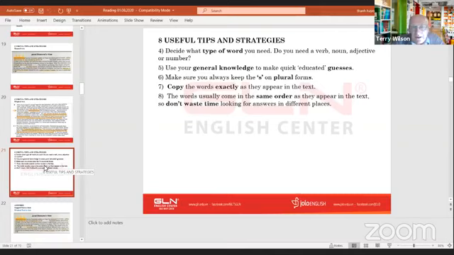Countable and uncountable nouns are a frequent error in IELTS reading. Copy the words exactly as they appear in the text. And the words usually come in the same order as they appear in the text, so don't waste time looking for answers in different places.